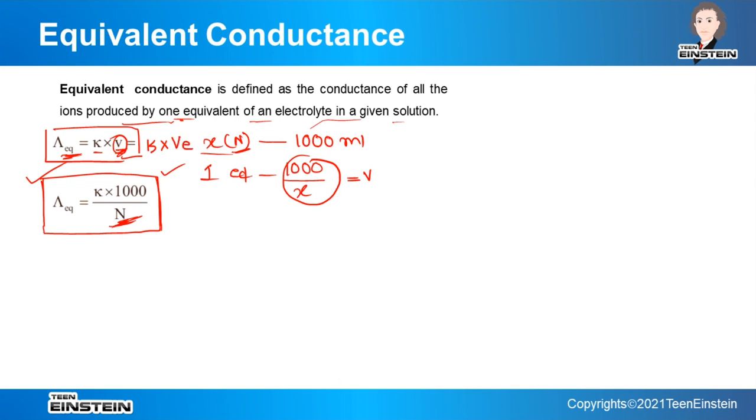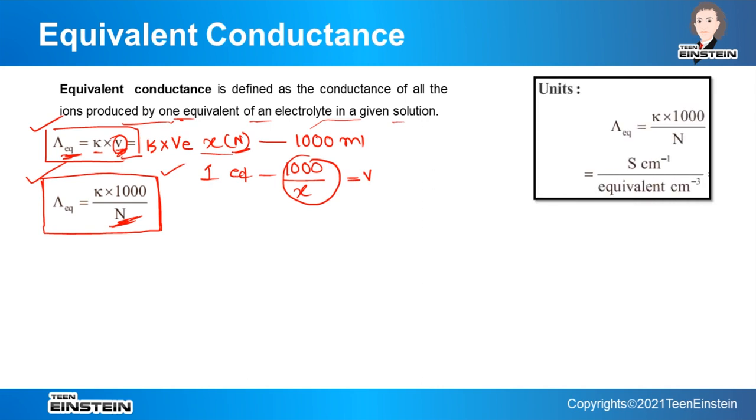Ve means the volume in which the equivalent amount is present, so you can easily understand the difference between the two. When it is lambda m, it is kappa 1000 by molarity, but when it is equivalent, it is kappa 1000 by normality. And if concentration is not given in terms of molarity or normality, always use this equation. Fine.